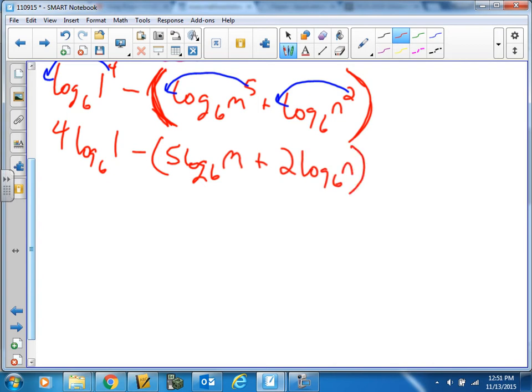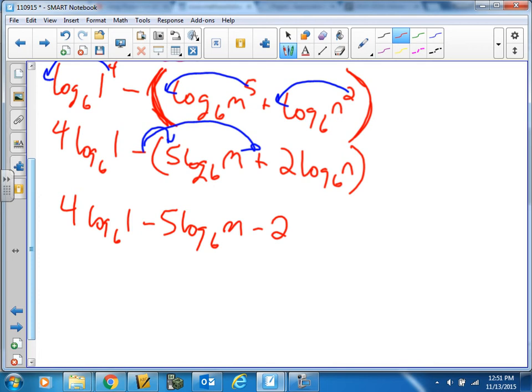And that would be all right there. If you were to distribute it, you'd have to distribute the negative here and here. So be careful. And if you did distribute it, you'd have 4 log base 6 of L minus 5 log base 6 of m minus 2 log base 6 of n. Right?